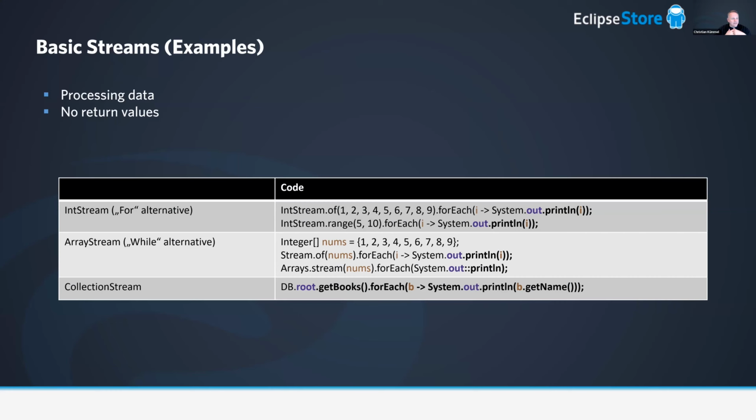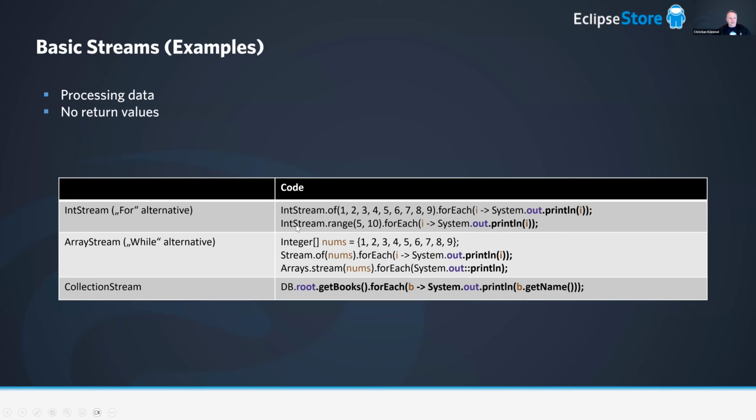Okay, let's talk about processing data. So just to go through a list of examples, and that will also help you. For example, the new class IntStream. It's an alternative for the for loop, I would say. It's possible to create something like IntStream.of 1, 2, 3, 4, 5, 6, 7, 8, or 9, and then say forEach, where the y stands for the number you process, and you can sysout the number.